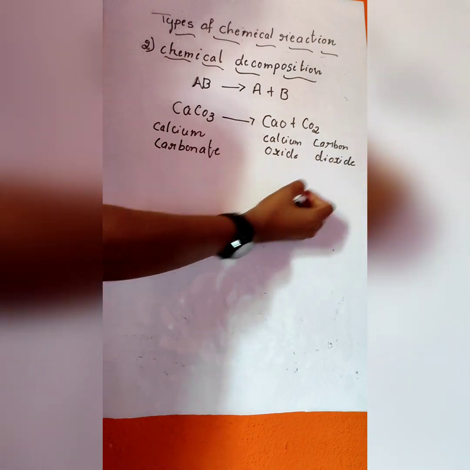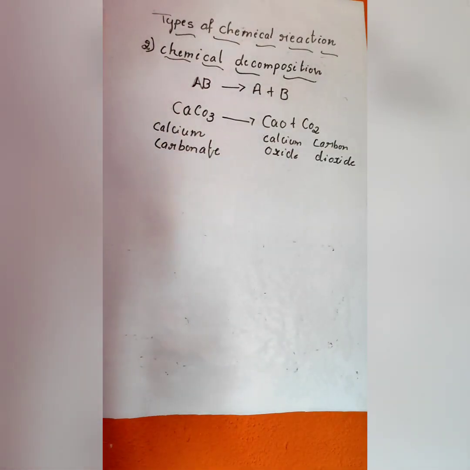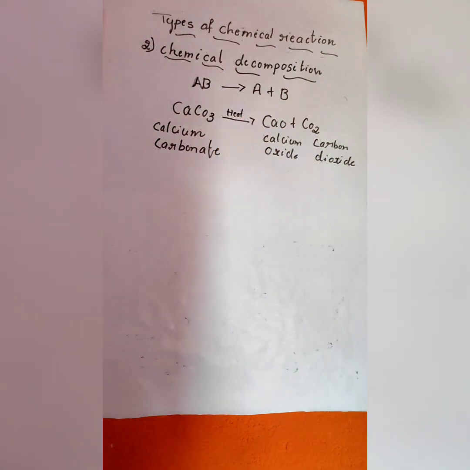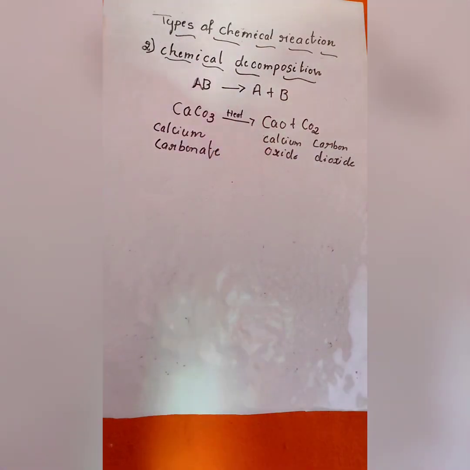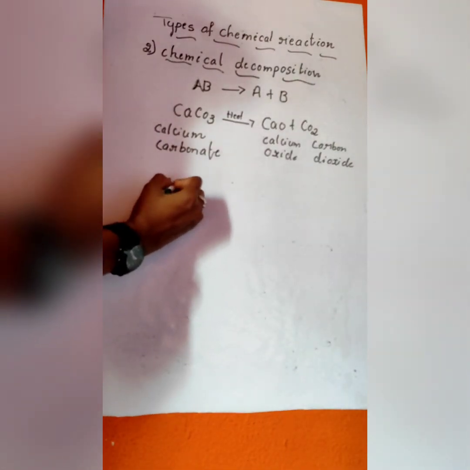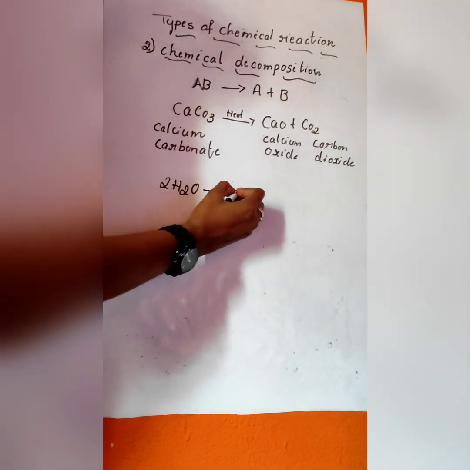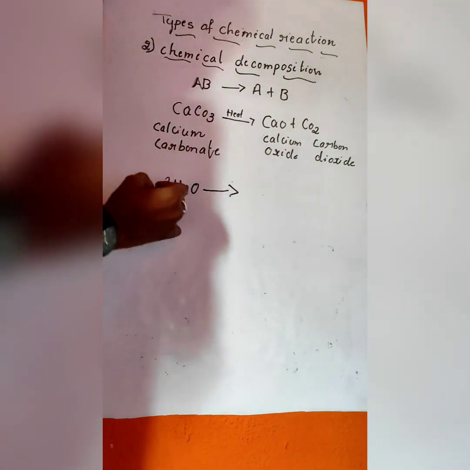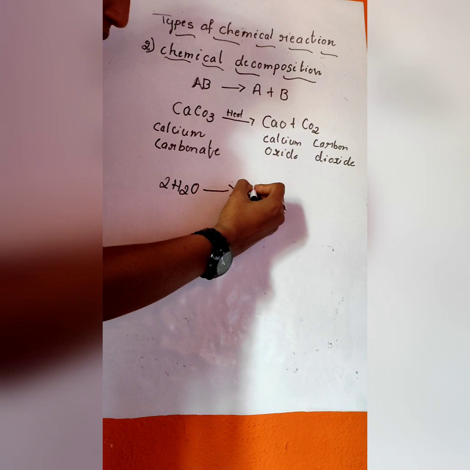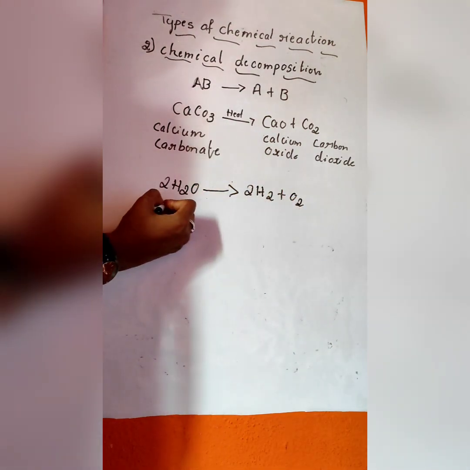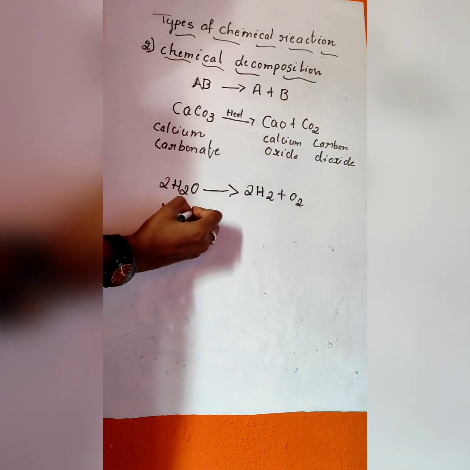So in chemical decomposition, there are three types: thermal decomposition, electro decomposition and photo decomposition. The first one is thermal decomposition reaction, which takes place in the presence of heat. Now water, 2H2O, in the presence of electricity, will form hydrogen plus oxygen.